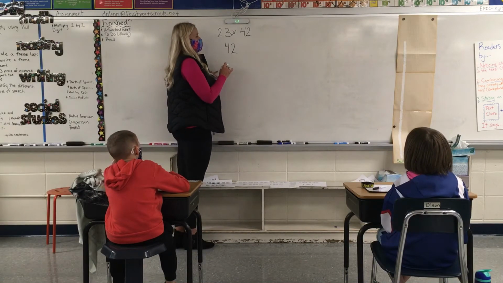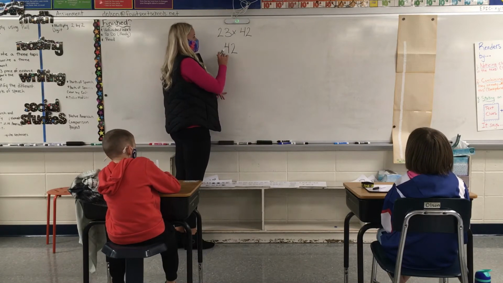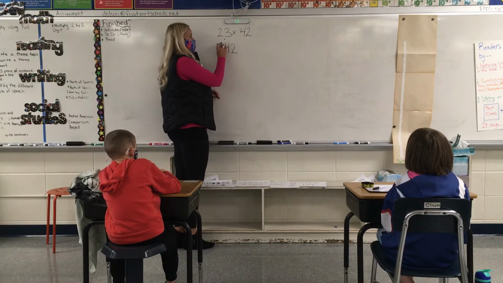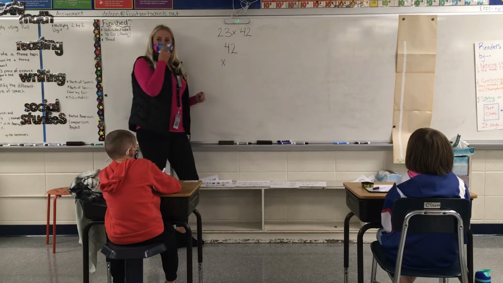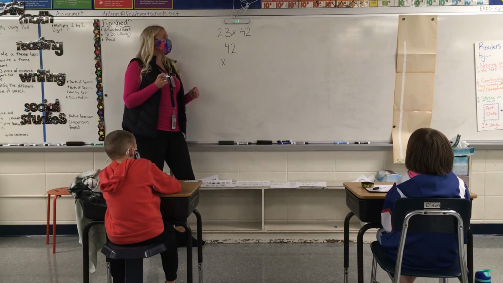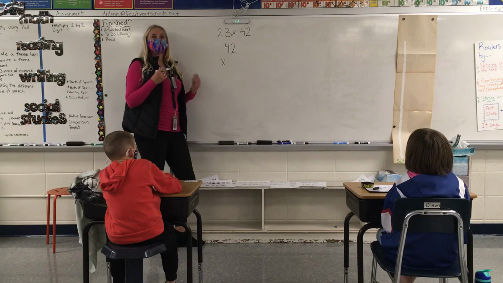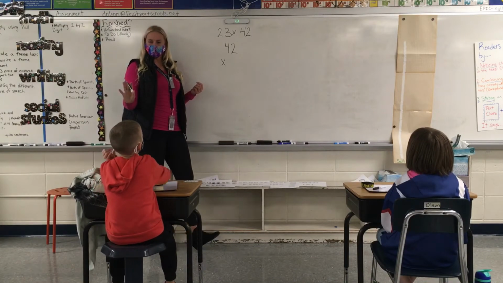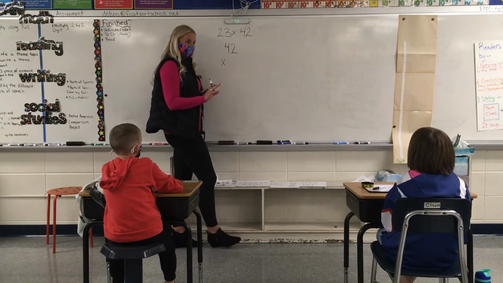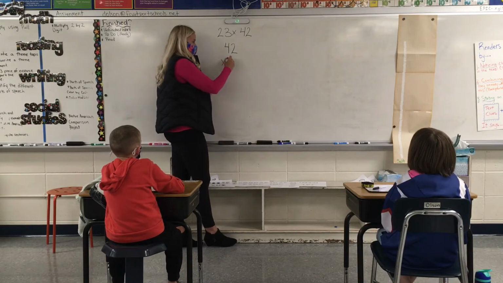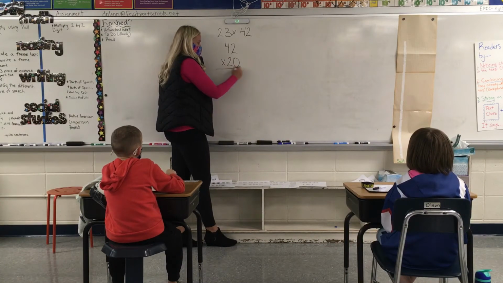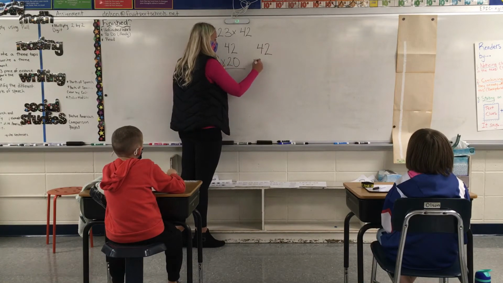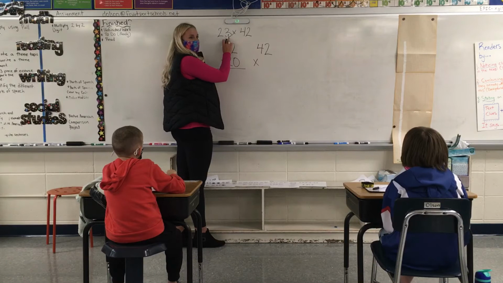So I have 42 times, and I'm going to expand this number out. So the 2 is in the tens place, right? How many 2s do I have? Or how many tens? I did this yesterday. How many tens do I have? 2. 2 tens equals 20. Okay? Then I'm going to keep 42 the same, and this time I'm only going to focus on the ones place.